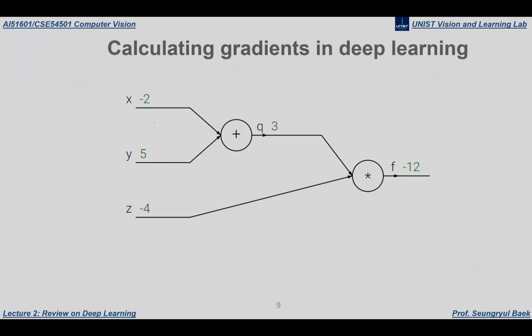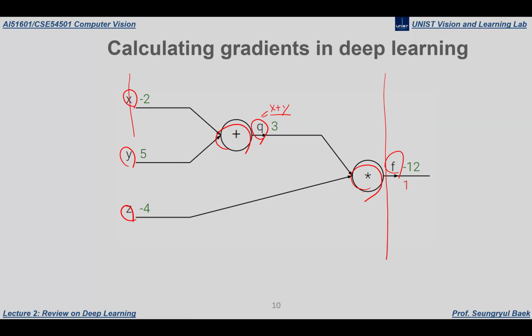So for example, here, X, Y, Z are the inputs to the deep learning architecture. And this F is the final output of the deep learning layers. So we have two layers here, right? The Q here is the intermediate layer, which can be calculated by combining X and Y with the operator plus, okay?